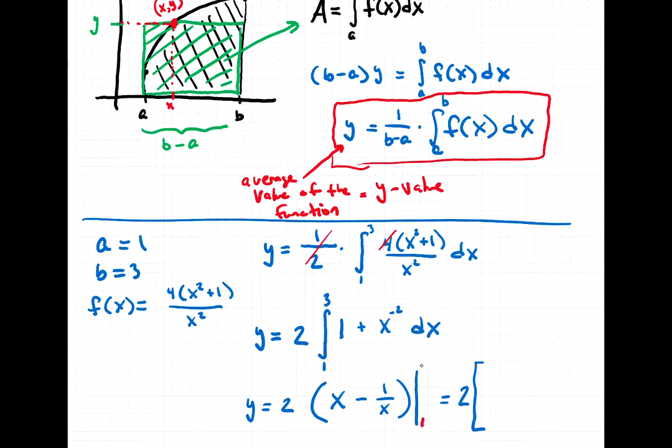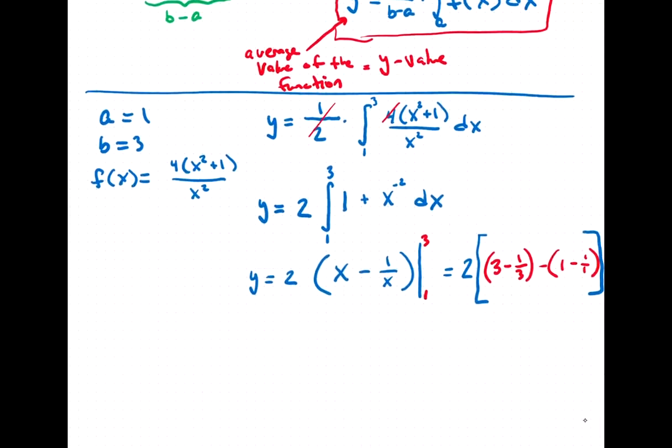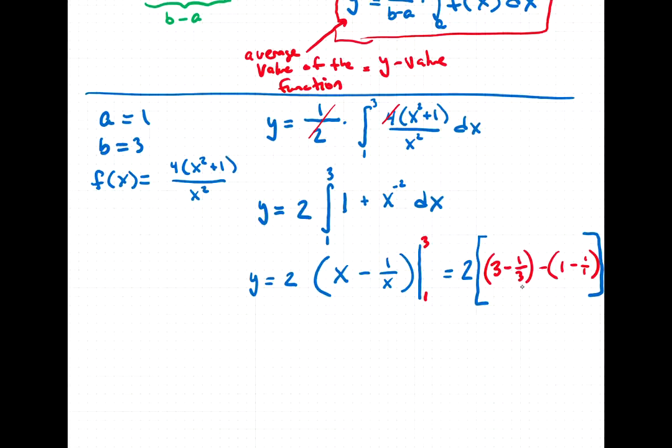We're integrating from 1 to 3, so we're plugging in 3 minus 1 over 3. So that's plugging in the 3 first, and then subtracting 1 minus 1 over 1, which will give us 0. All right, so 3 minus 1/3 minus 1 minus 1, so minus 0.